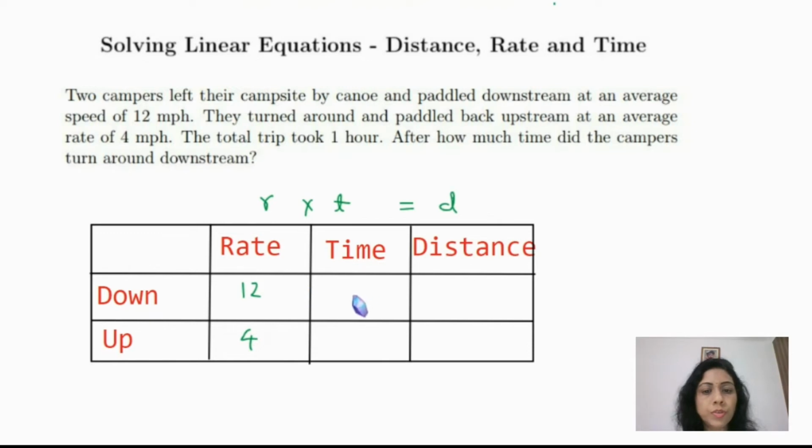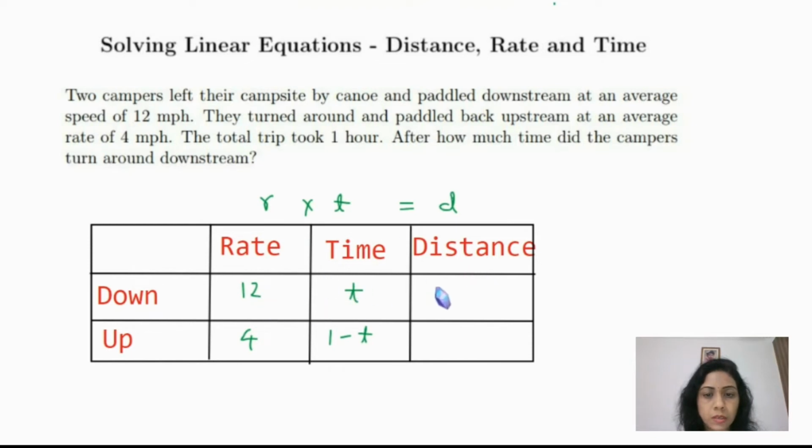So for downstream we can let the time be t. Okay, and for upstream, total minus this time. Total is 1 hour minus this time, so this is the upstream time. Okay. Now we can use this formula, rate multiplied by time, we get distance.